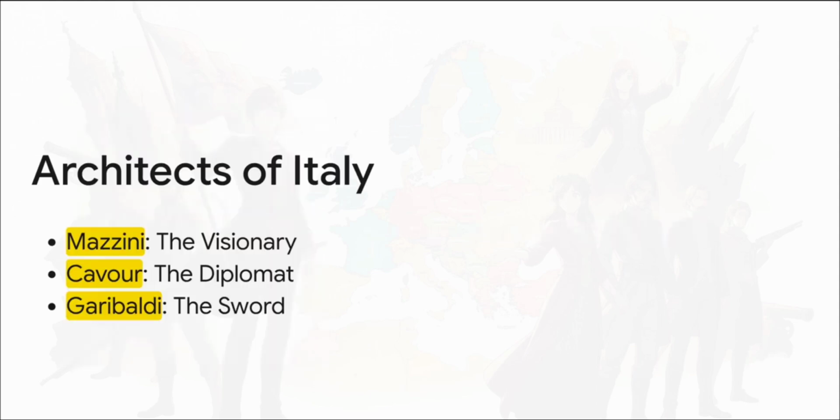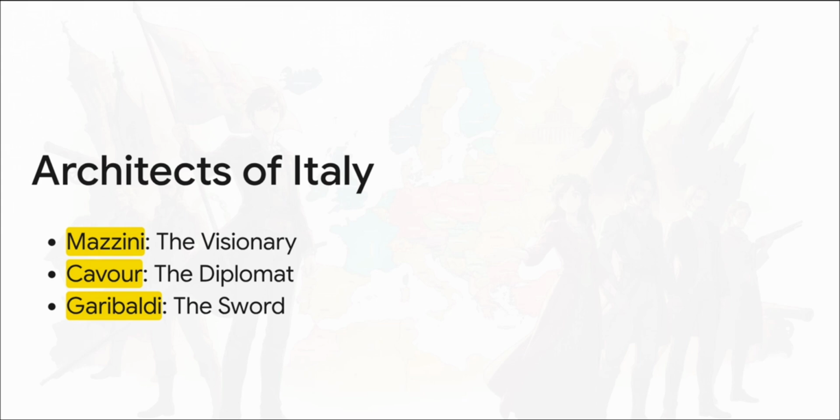To understand exactly how that map transformed, you have to know the 3 main architects of Italy. First up, we've already met Mazzini. He was the brain, the visionary, who planted the seeds of nationalism through his underground secret societies. Then, you have Chief Minister Cavour of Sardinia-Piedmont. Cavour was the diplomat. Funnily enough, he wasn't really a Democrat or a revolutionary at all.